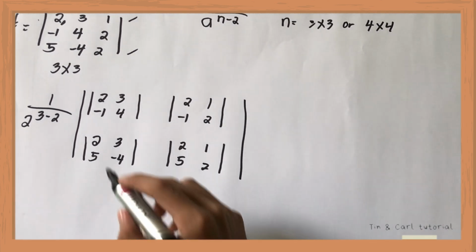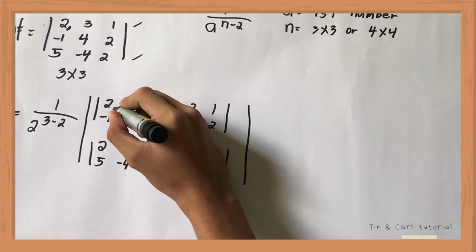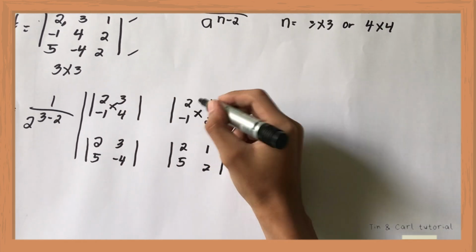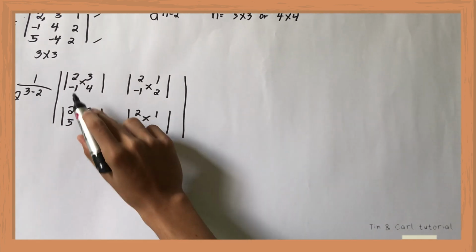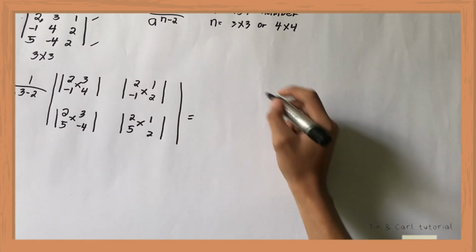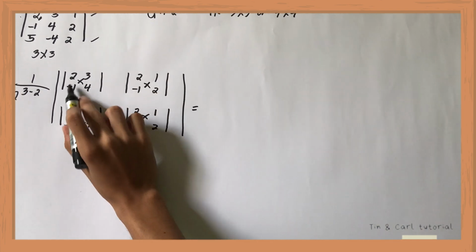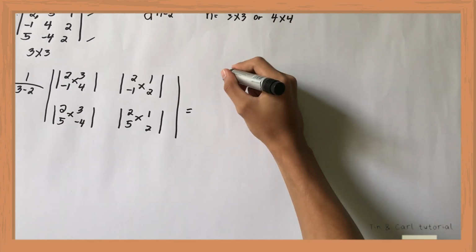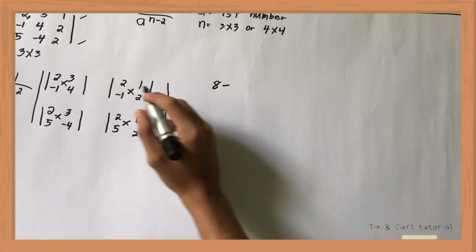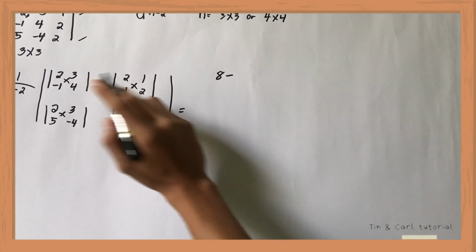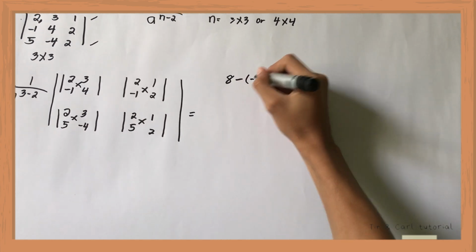So, gagawin lang natin dyan is pag multiply, cross-multiply yung mga to, then, isa-subtract sila. For example, is equals to 4 multiplied by 2 is 8 minus 1, negative 1 multiplied by 3 is negative 3.